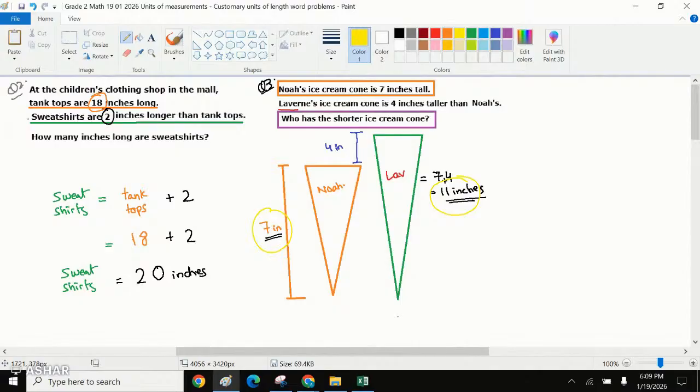So can we say that Noah's ice cream cone is shorter in height, right?